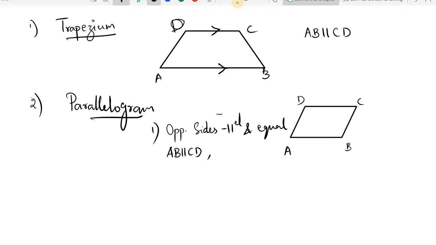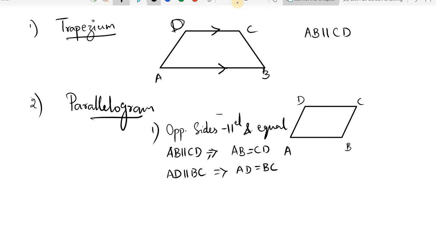Similarly, you have AD parallel to BC. And one more thing that we need to keep in mind, AB is equal to CD and AD is equal to BC. So this is what you call parallel and equal.